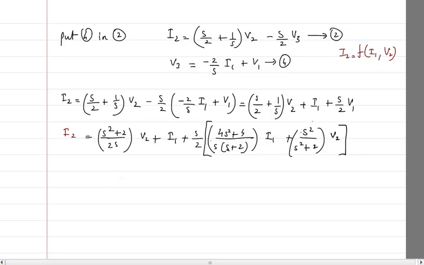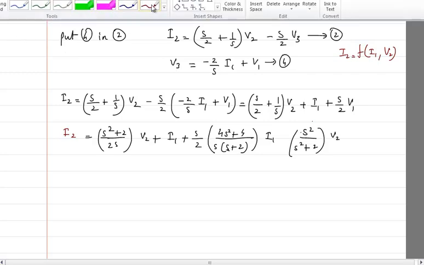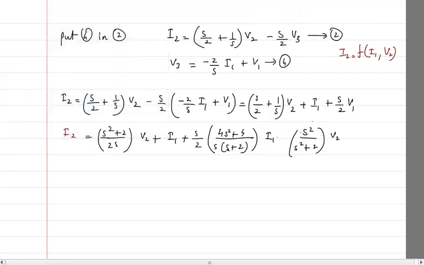Now I have to rearrange it so that I get it with respect to I1, and also first let me cross multiply it. As you can see, if I multiply this with this one and also with the inside one, let me take out the bracket. Then I will get S by 2 multiplied with this side also, so it is S by 2. Now you can see this S and S will cancel off. Here 2 will cancel off with 4 here. So 4 becomes 2. This also becomes 2.